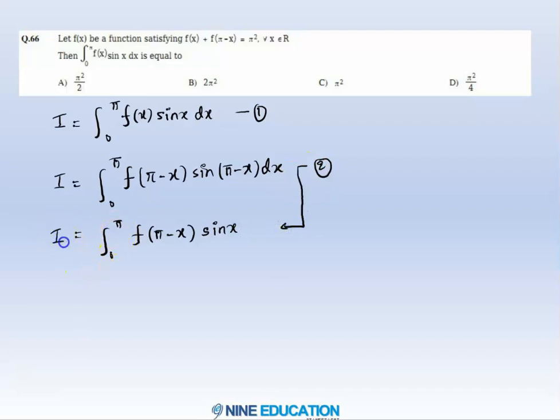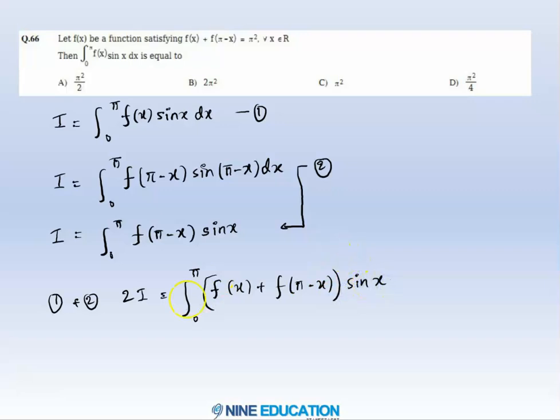So if we observe, on adding 1 and 2, we are going to get 2I is equal to, sin x will be the common term, limits are already same 0 to pi, so we'll be left out with f of x plus f of pi minus x times sin x. And in place of this functional relation, I can use pi square. So that will be 0 to pi, pi square sin x dx.